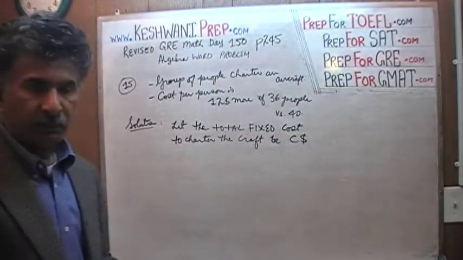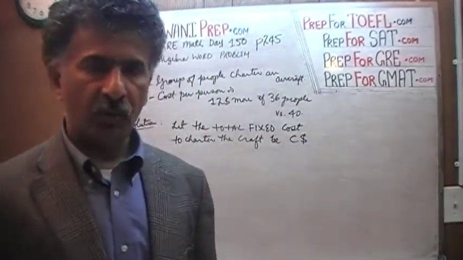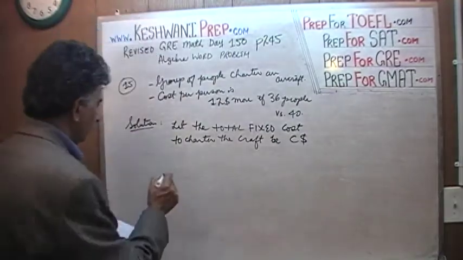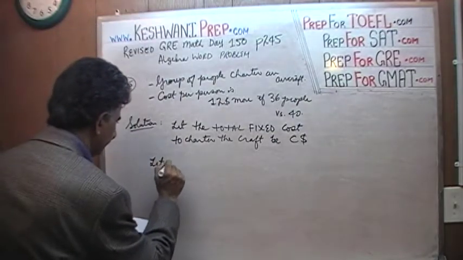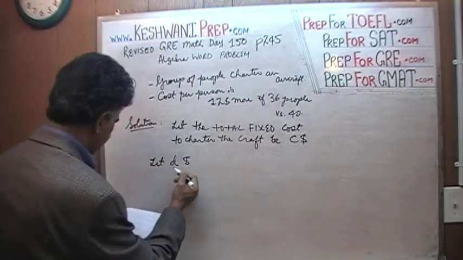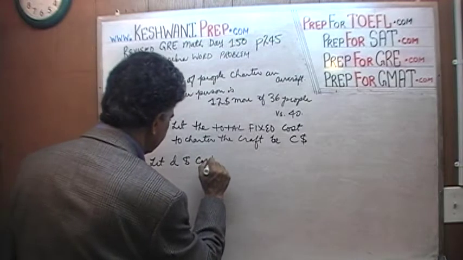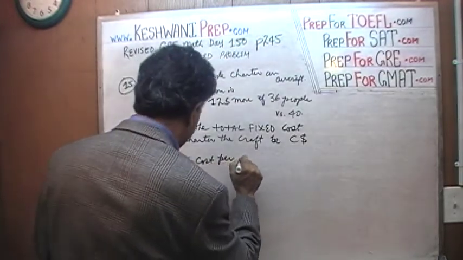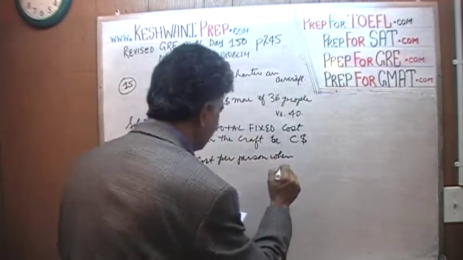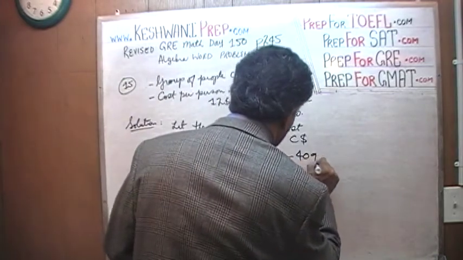So we're going to use letter C to represent the total cost of chartering the aircraft. Also, let D be the cost per person when 40 go.